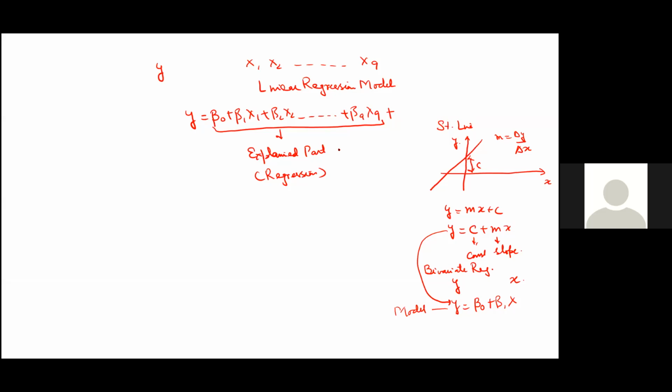There are some variables which are not included. There must be some other variables which may not figure in our regression model, so they are known as the unexplained part. Unexplained means they are not considered in the model. They are also termed the residual part or extraneous part. Extraneous means they are extraneous to the model.